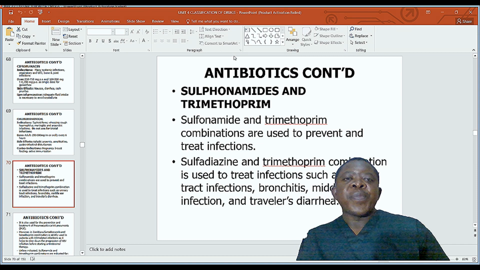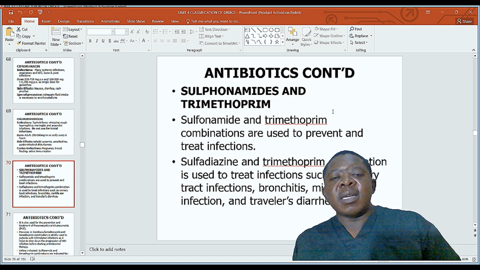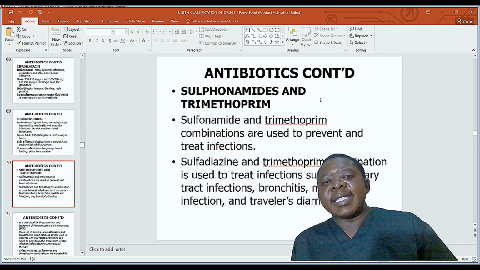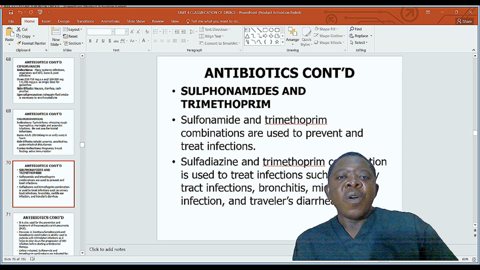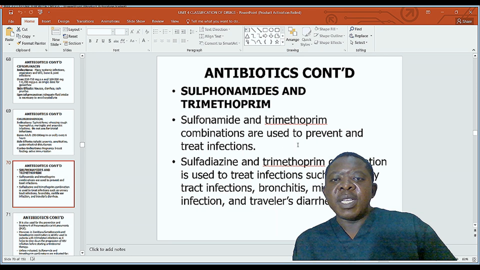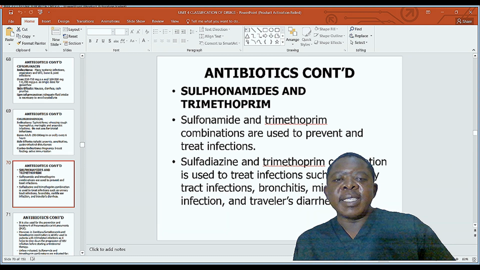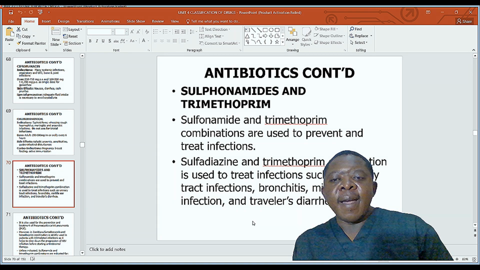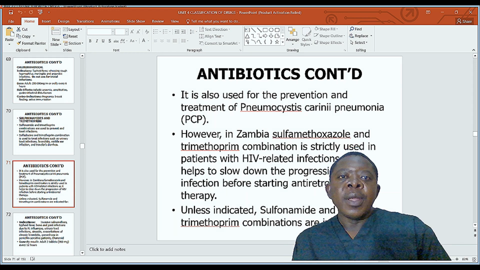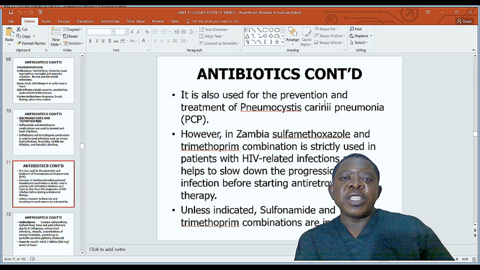Then the next group of drugs under antibiotics is sulfonamides and trimethoprim. Sulfonamide and trimethoprim combinations are used to prevent and treat infection. The sulfadiazine and trimethoprim combination is used to treat infections such as urinary tract infection, bronchitis, middle ear infection, and traveler's diarrhea. It is also used for the prevention and treatment of Pneumocystis jirovecii pneumonia.